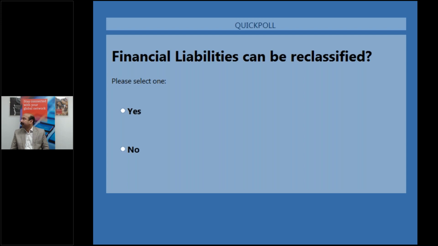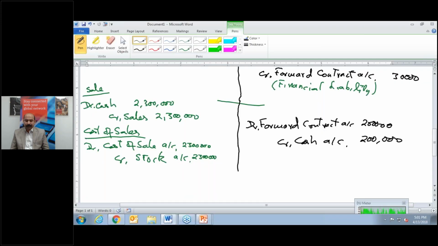I'm going to close this poll question now. We have 75% people saying yes, while the rest of the people are saying no, about 25%. What was the question? The question was: financial liabilities can be reclassified, yes or no?